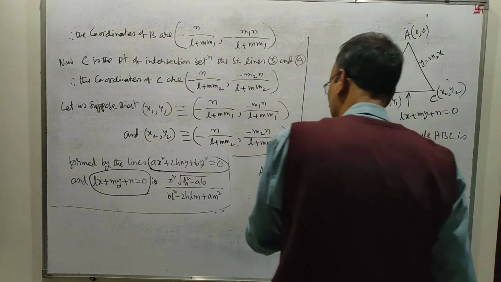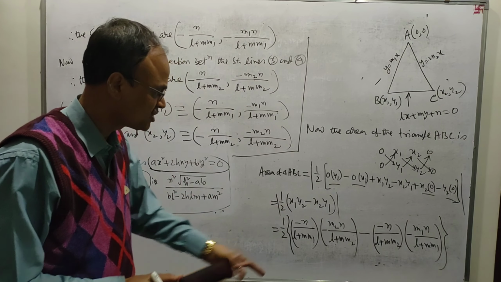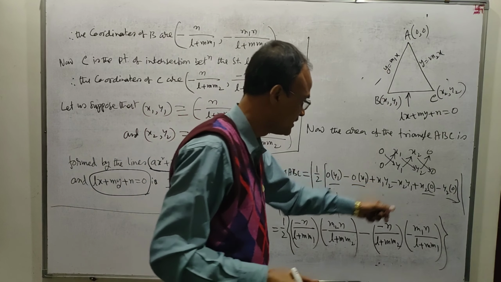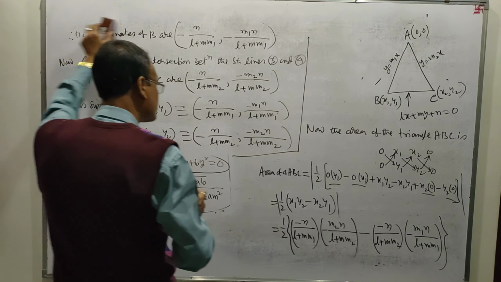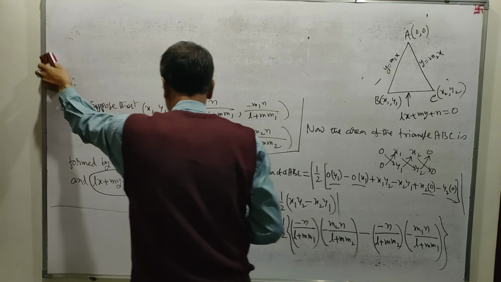This is the area of the triangle. We have thus put the values of x1, x2, y1, y2 from here. Now you see, it is very simple.